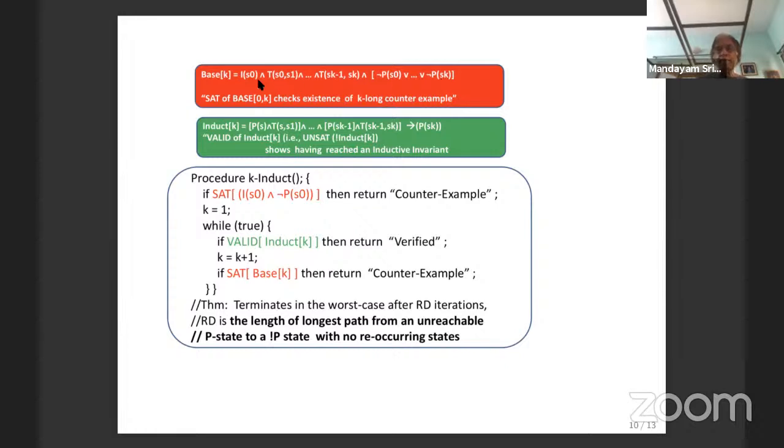Okay, if that is satisfiable, that checks the existence of a K-long counterexample. Now, induct K is the inductiveness check.